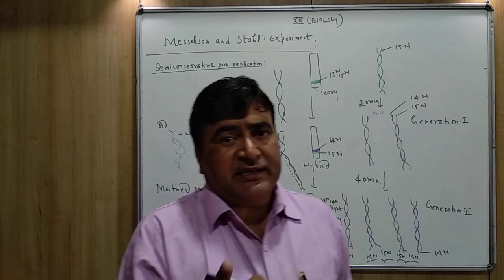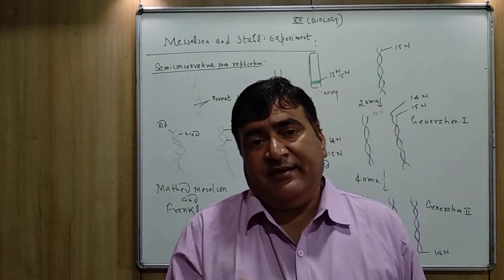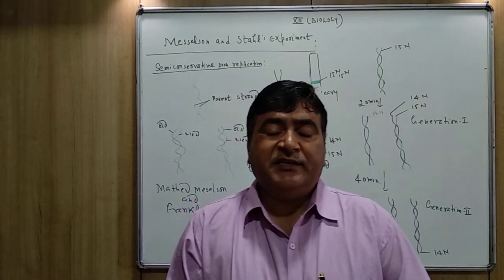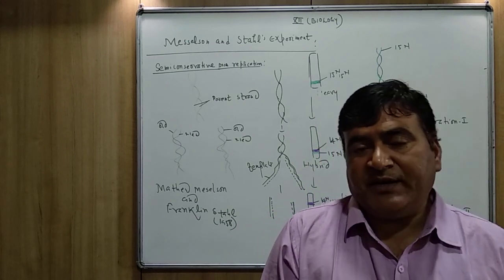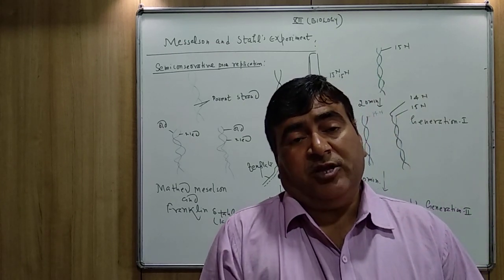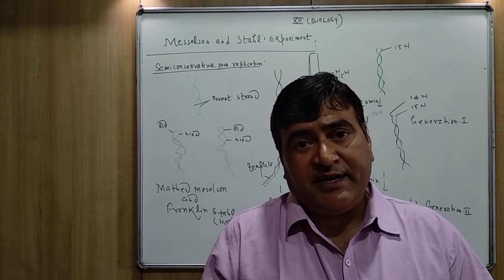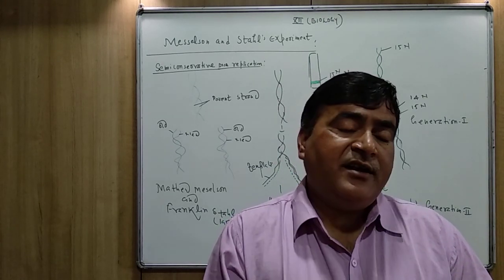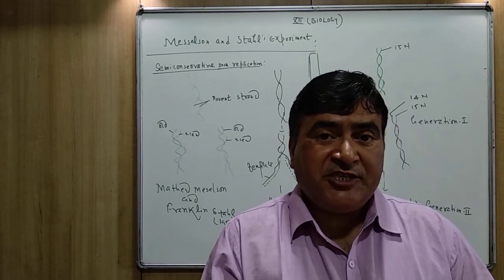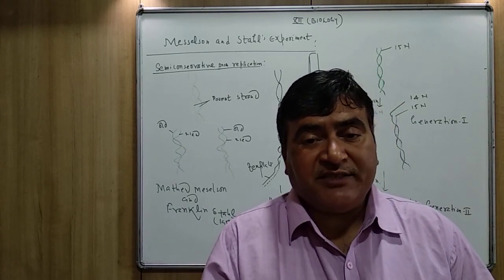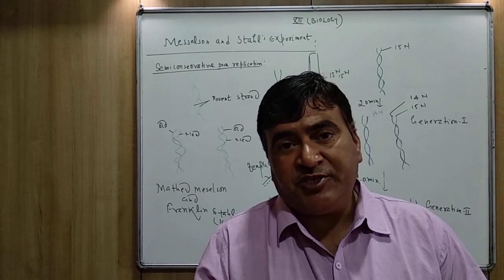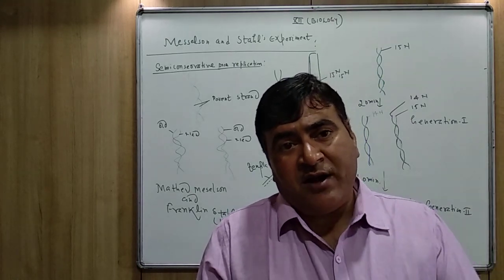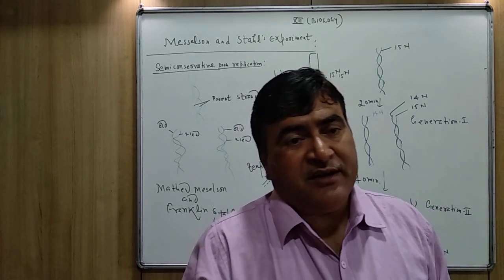So in semi-conservative mode of replication, it's very, very important that the newly synthesized DNA has one parental strand and one newly synthesized strand. So out of 2 strands, one is old while another one is the new.